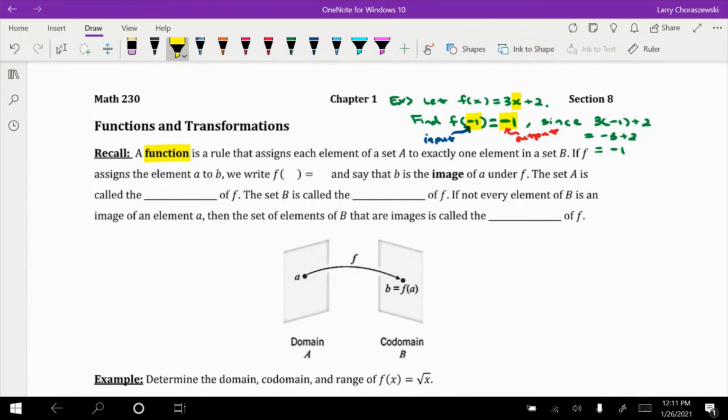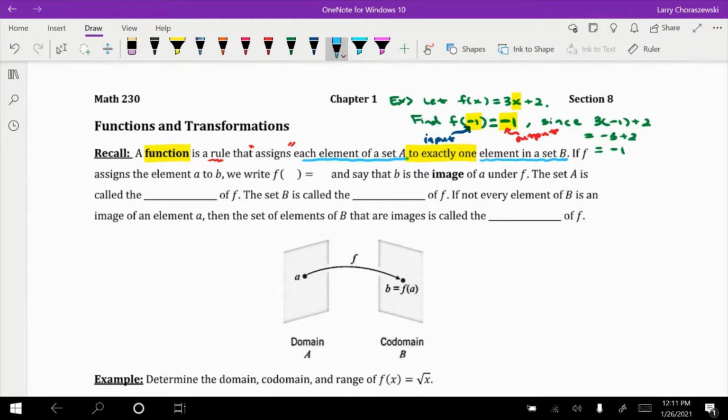A function is a particular rule that assigns each element of a set A to exactly one element, and this is key here, to exactly one element in a set B.